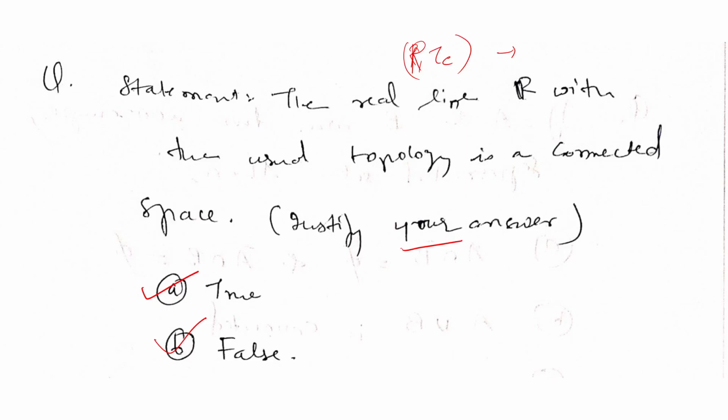So you are saying that the correct answer is option A, that the real line R with the usual topology is a connected space. Please justify it.